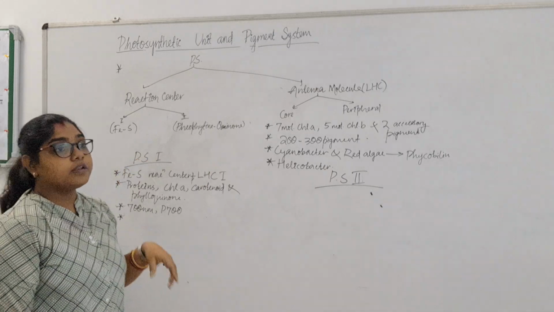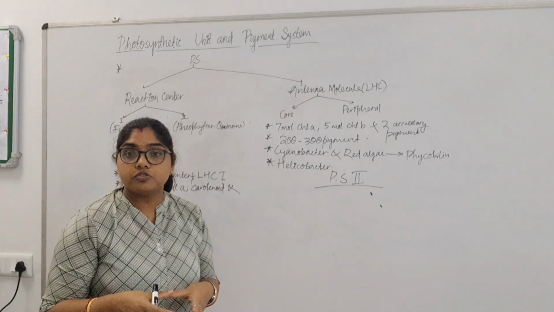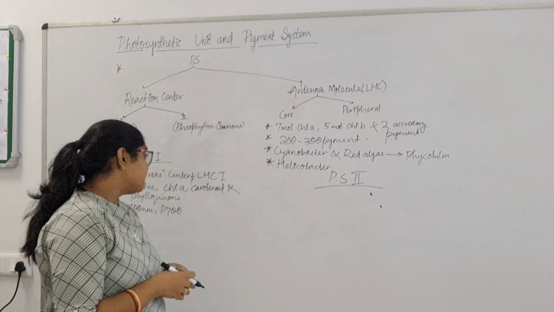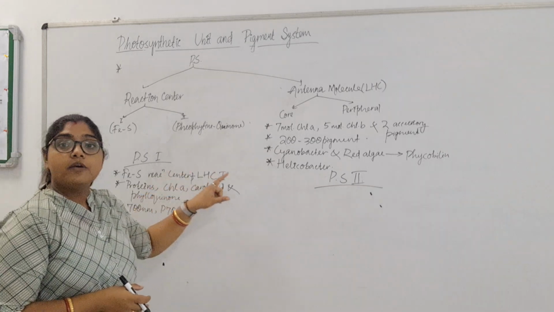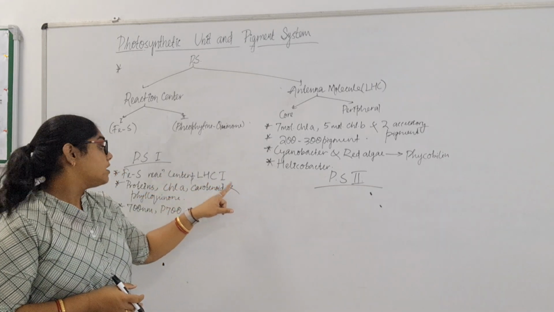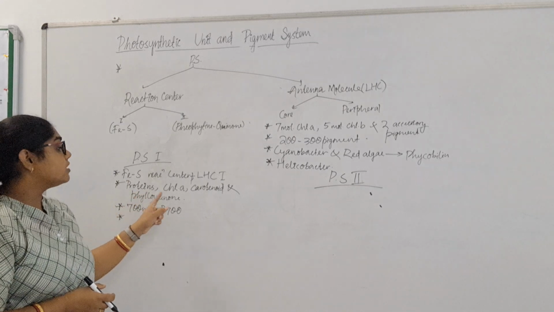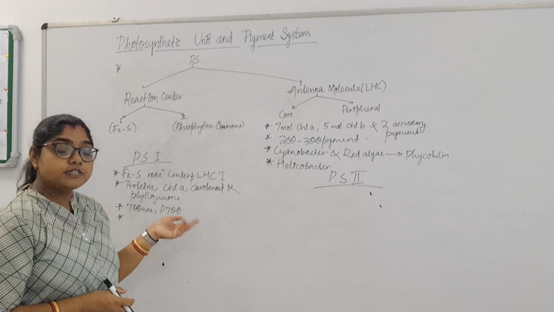And PS1 uses the light to transfer the electron from plastocyanin to ferredoxin. Now we have seen the reaction center of PS1 is the FeS type with light harvesting complex 1, and it contains protein, chlorophyll a, carotenoid, phytoquinone and other factors.